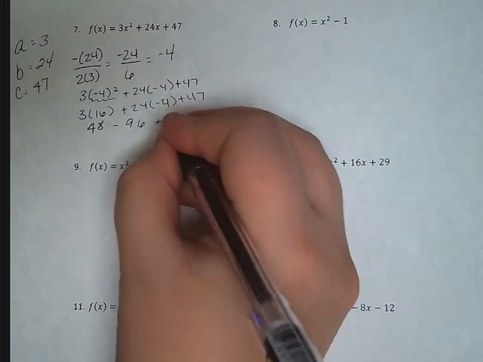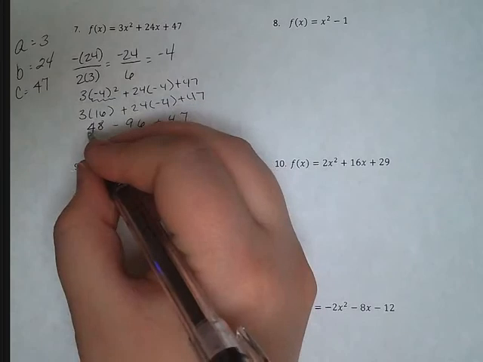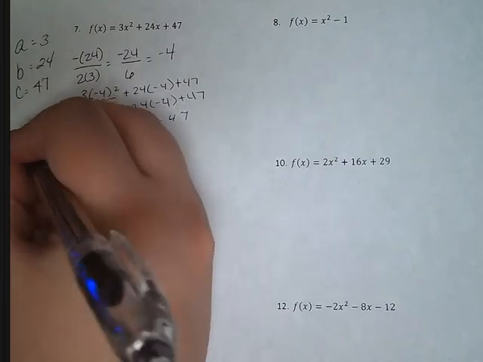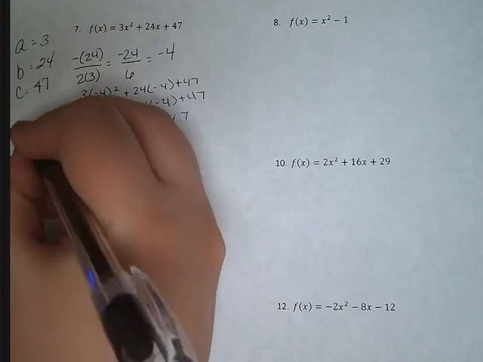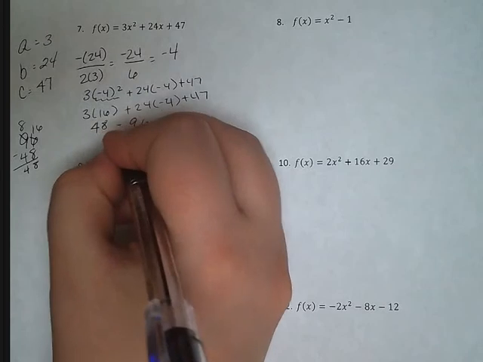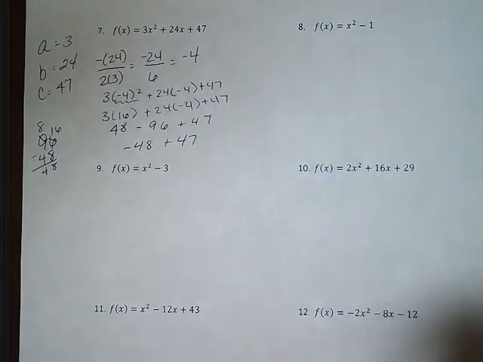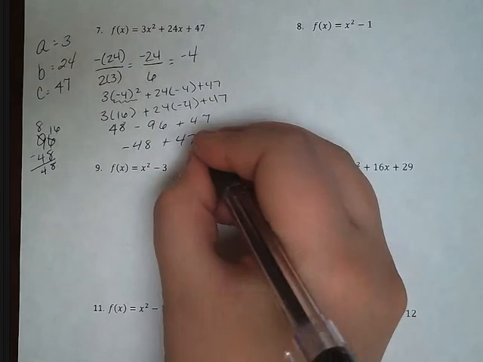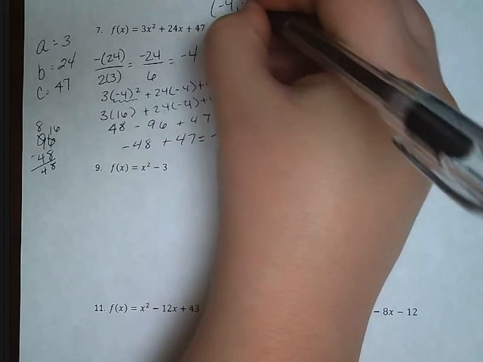Bring down your 47. So 48 minus 96 is going to give us a negative 48. And negative 48 plus 47 gives us negative 1. So our ordered pair here is negative 4, negative 1.